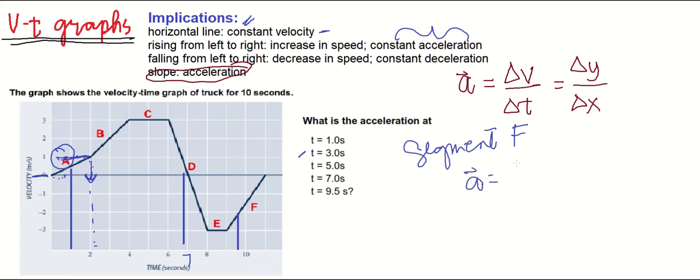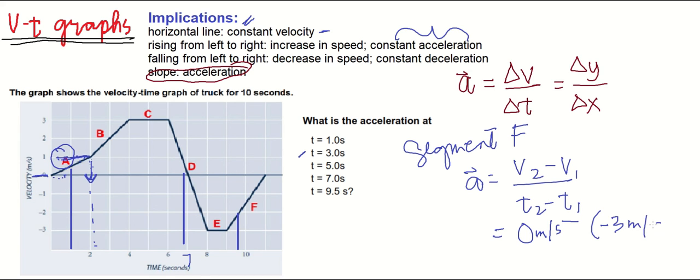Acceleration is equal to V2 minus V1 all over T sub 2 minus T sub 1. And substitute the values. V2, ano yung velocity kung saan nag-end? Kung saan nag-end si segment F, we have 0 meter per second minus V1, and this is negative 3 meter per second.